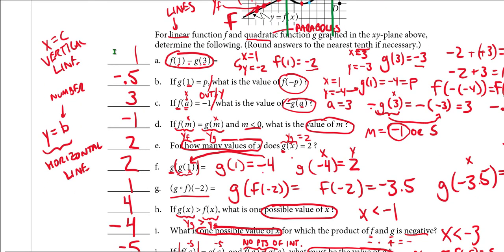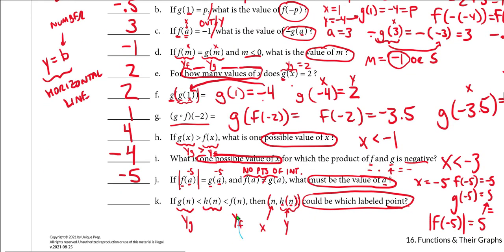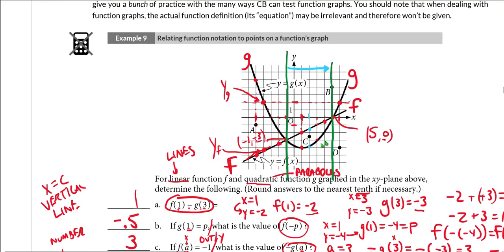We wanted the f function here to be greater than the g function, and the h function would have to be between those two lines, and it looks like that would mean that the h function could be on C, wherever the h function is. I don't know where it is. I mean, it could be an upside down parabola.